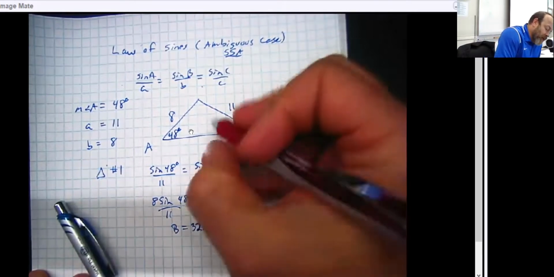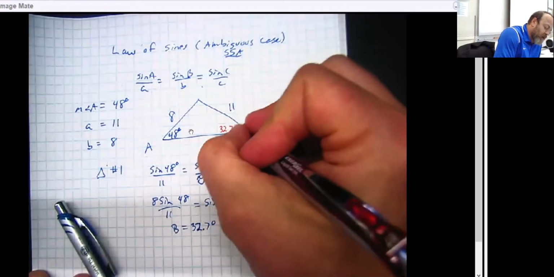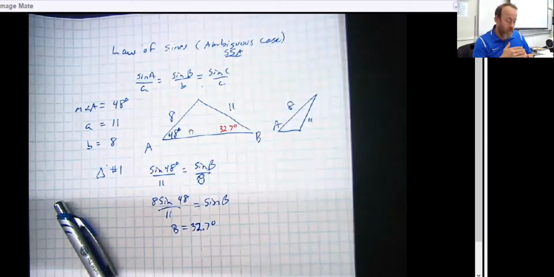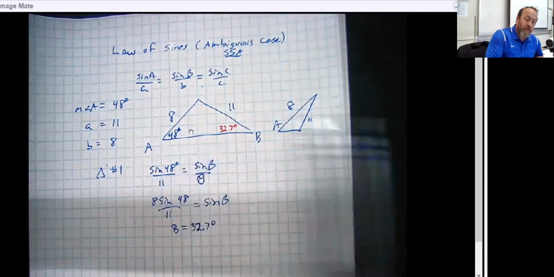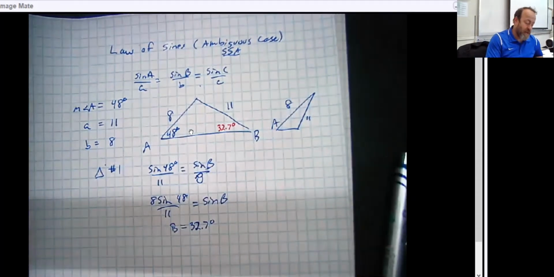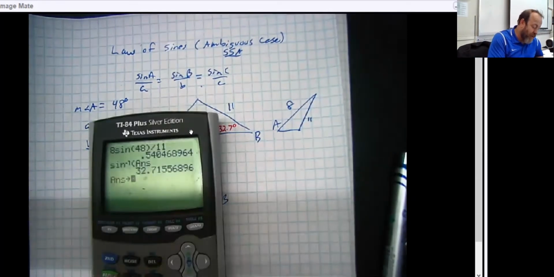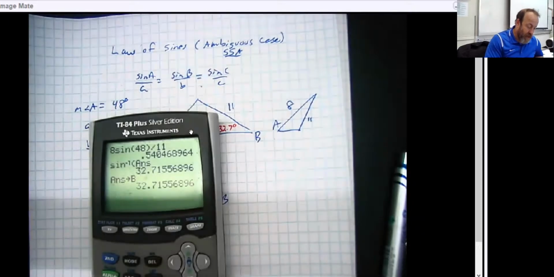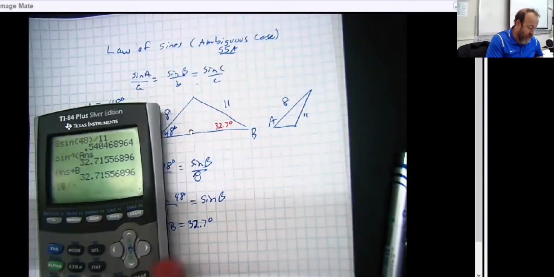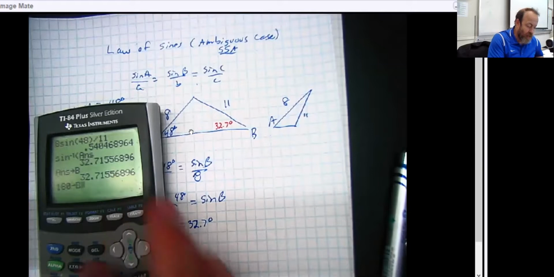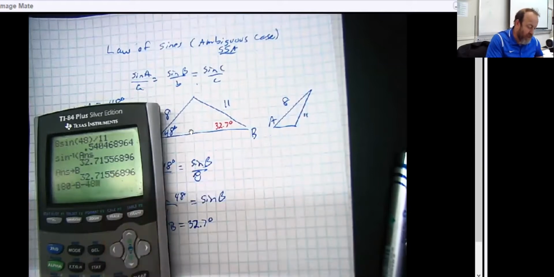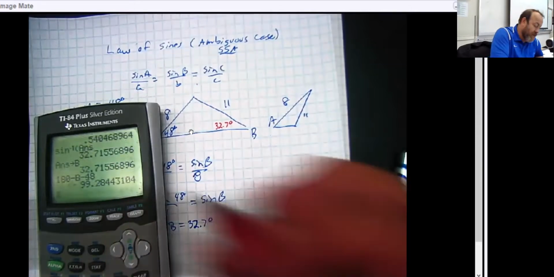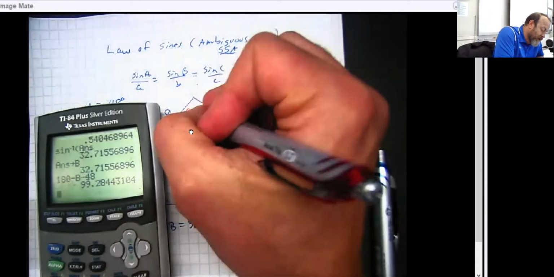Now for this particular video, for the sake of being a little shorter, please understand that we can continue this process, because as soon as I have that value for B, I could take 180, take that B away and take away 48, and I would know that this angle C up at the top is 99 degrees.